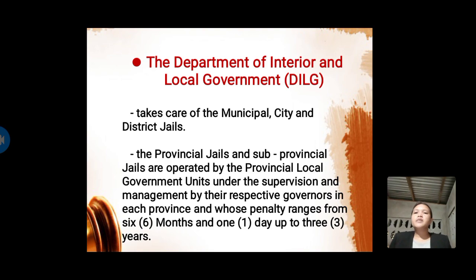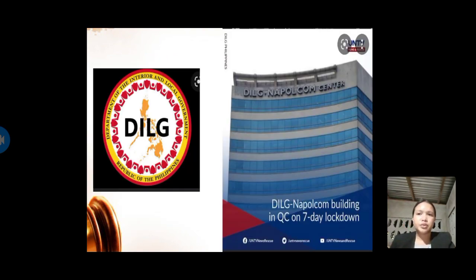The provincial jails and sub-provincial jails are operated by the provincial local government units under the supervision and management of the respective governors in each province, and whose penalty ranges from 6 months and 1 day up to 3 years. So this is the logo of the DILG and the building of the DILG that I got from the internet.